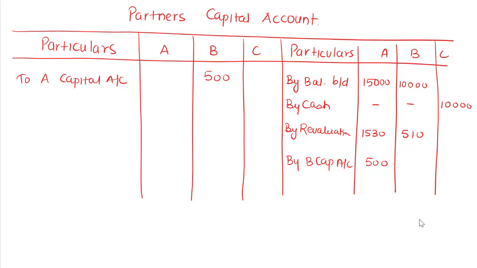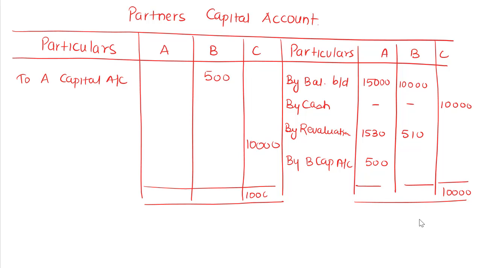Now the closing balance is to be fixed same as C. So C's closing balance is 10,000. It is written in the question that the closing balance should be same as C.